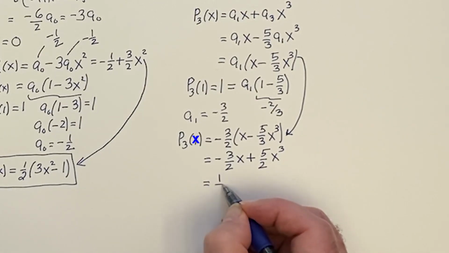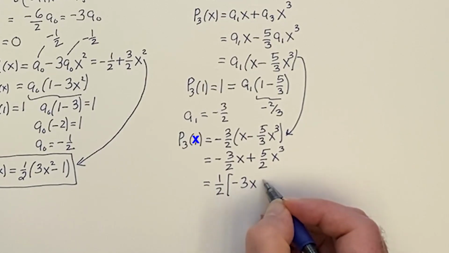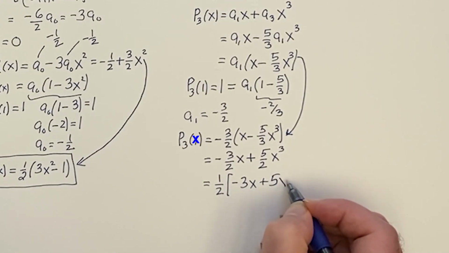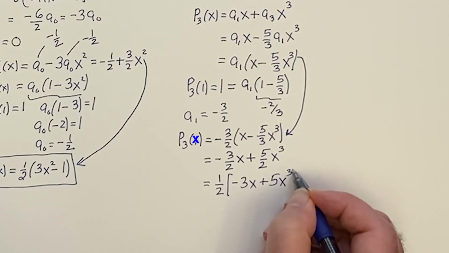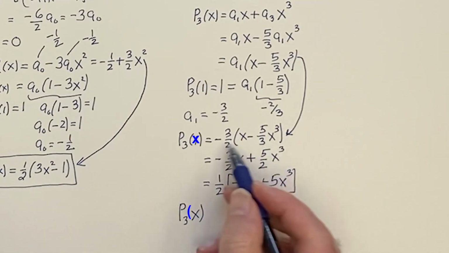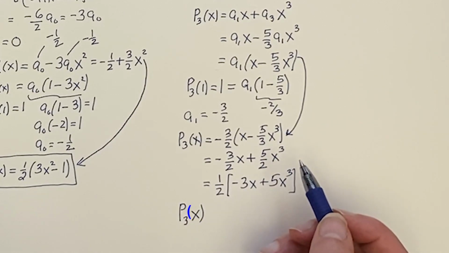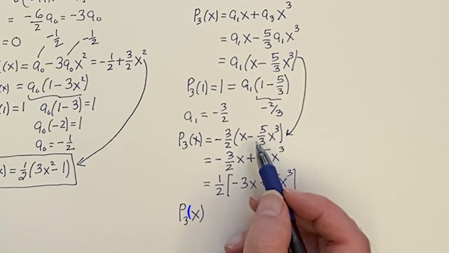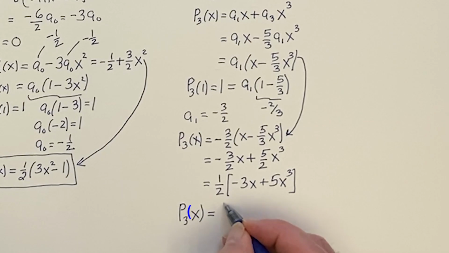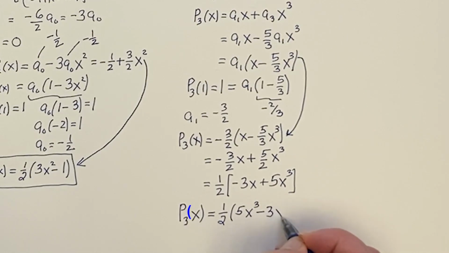And then if we pulled out the 1/2, minus 3x plus 5x cubed. And then when we're doing this, we make sure that's an x. Since that's the general form, then you would have here 1/2 (5x cubed minus 3x).